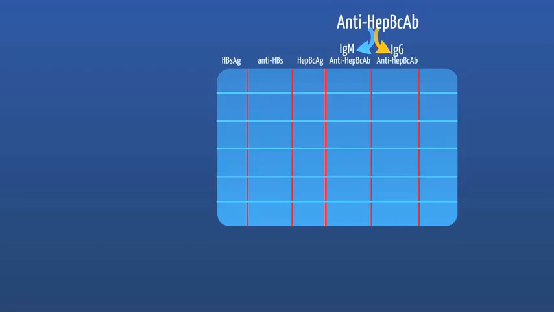Usually most labs only report the total anti-hepatitis B core antibody, if it's positive or not. If it is positive, then generally the lab will give you the IgG levels, and then you can determine whether it's IgG or IgM positive that's causing the total to be positive.